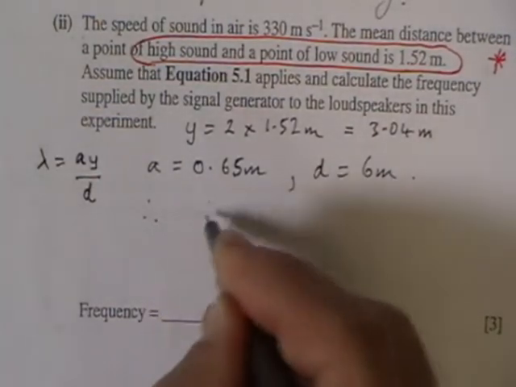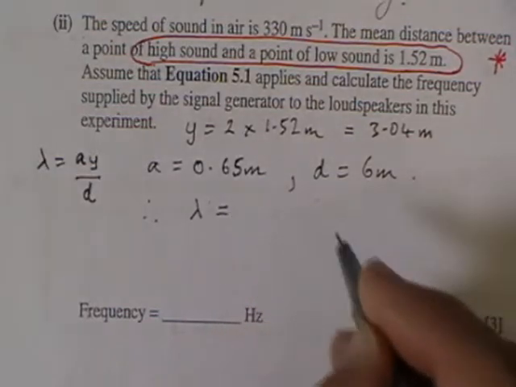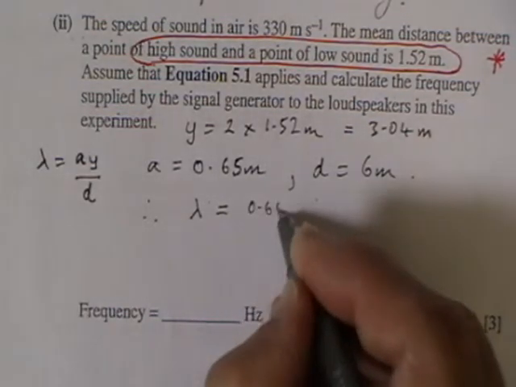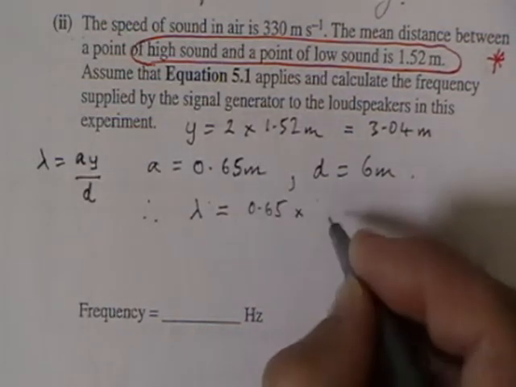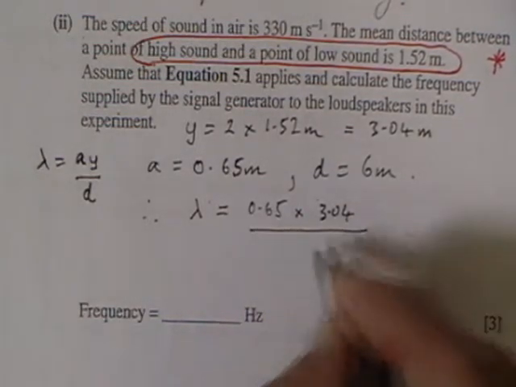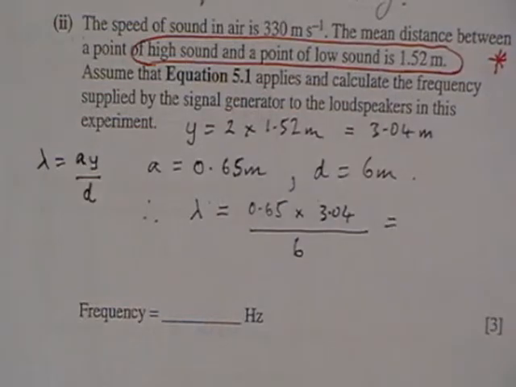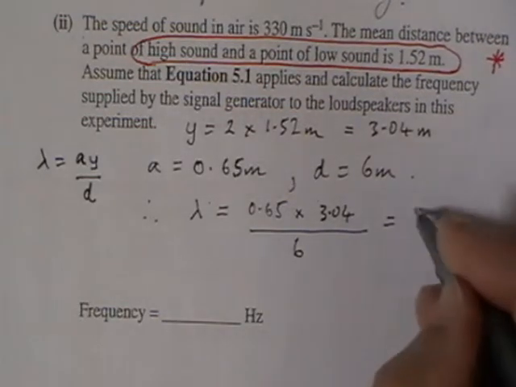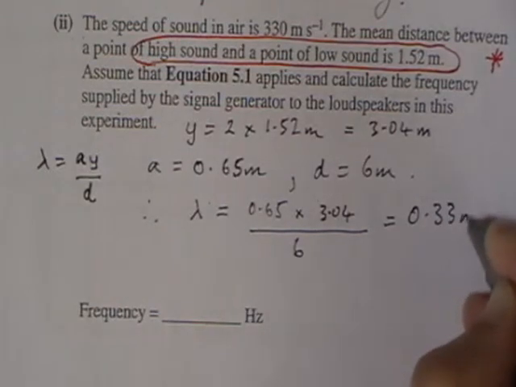Therefore we get lambda equal to 0.65 times y, which is 3.04, divided by 6. And when we put that into the calculator, that turns out to be 0.33 meters.